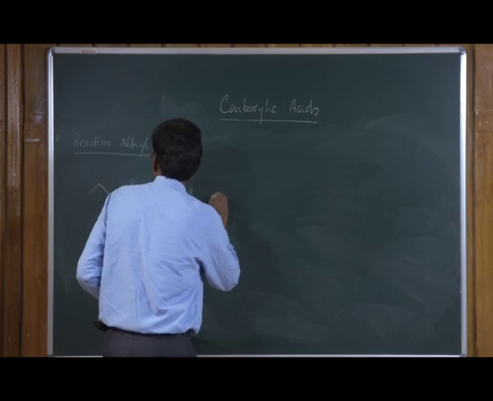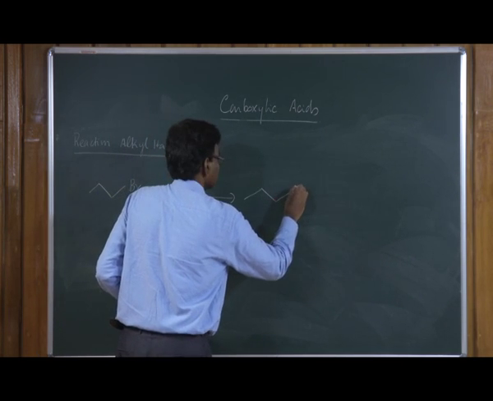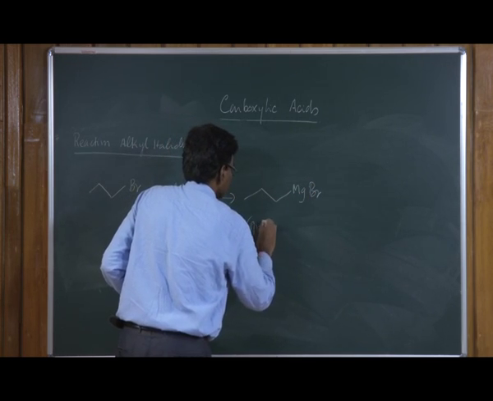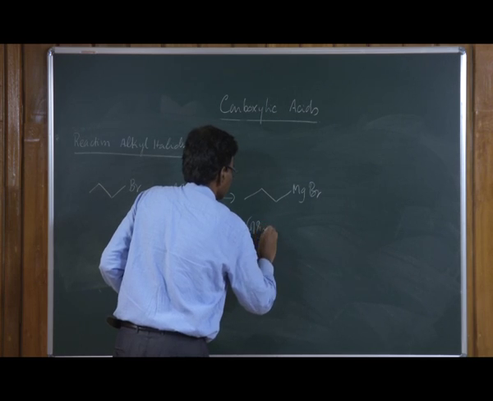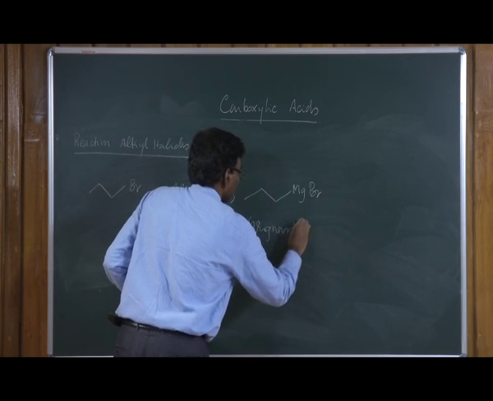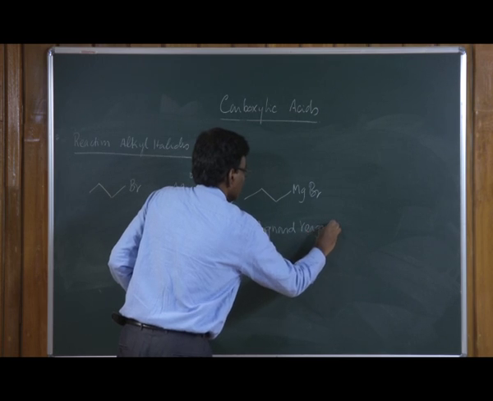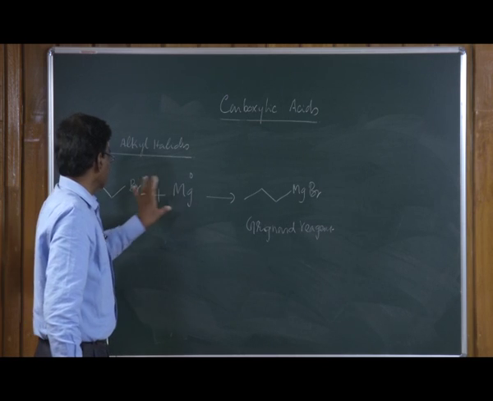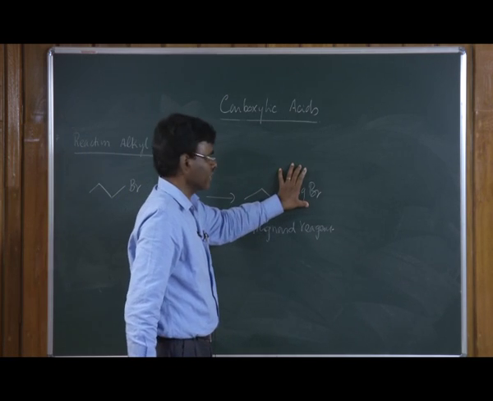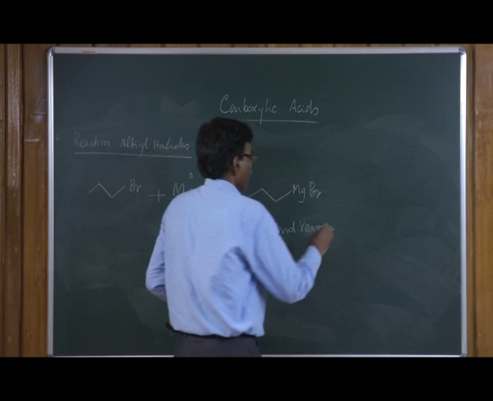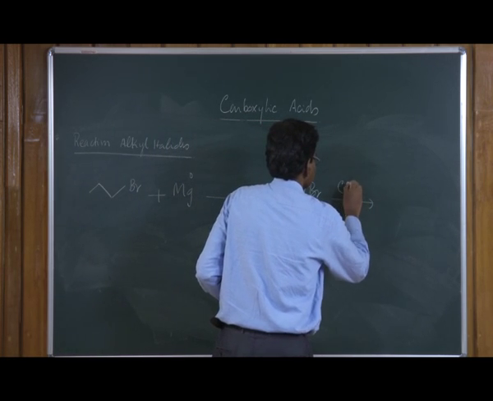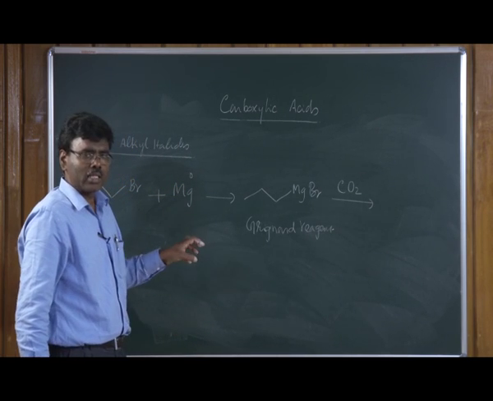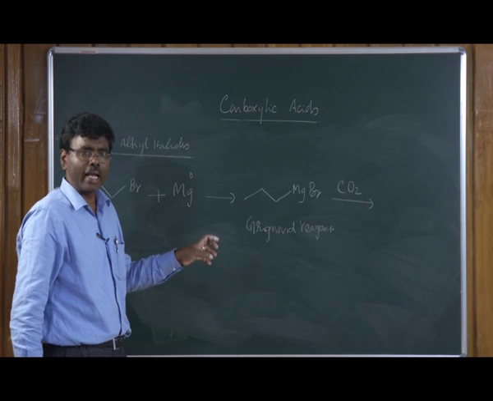The magnesium insertion takes place to get what is known as Grignard reagent, with magnesium 0 inserting to give alkyl magnesium bromide. Once you form this, you can react it with carbon dioxide, and this reaction is usually carried out in dry condition in diethyl ether or THF.